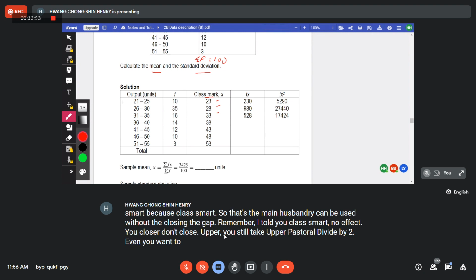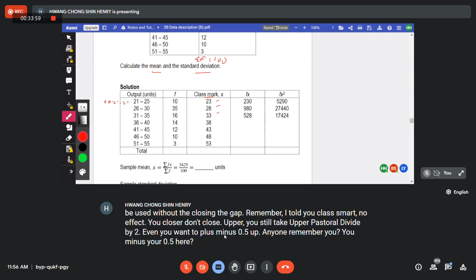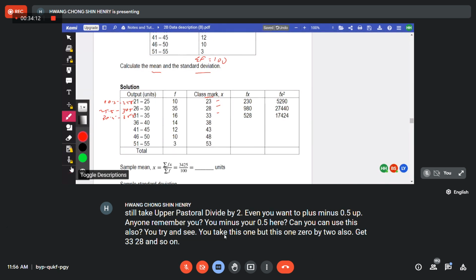Even if you want to plus minus 0.5, remember you minus 0.5 here. You can use this also. You try and see. You take this one plus this one divided by 2, also get 23, 28, and so on. So there's no difference for class mark.